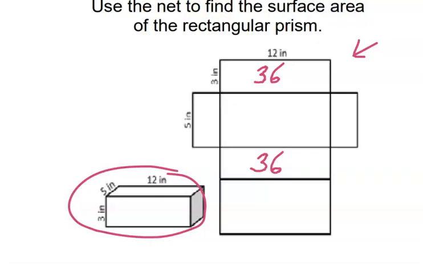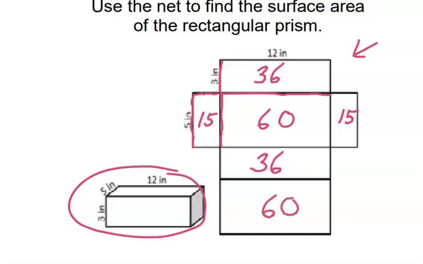This one here is 5 by, well, it has to be the same distance as this, even though it doesn't look it. 5 times 3 is 15, and that's 15. And then the top and the bottom, the top is going to be 5 by 12, which is 60, and that has to be the same as the bottom.